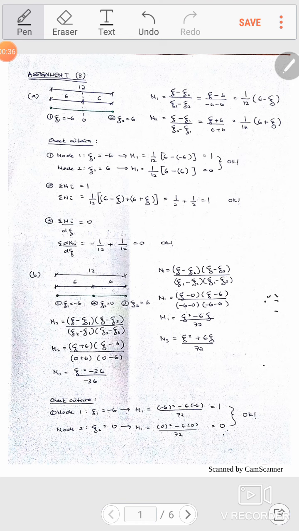But here I'm showing you how we can check criteria and check shape functions for this element by the Lagrange method. So in this video I have some examples.